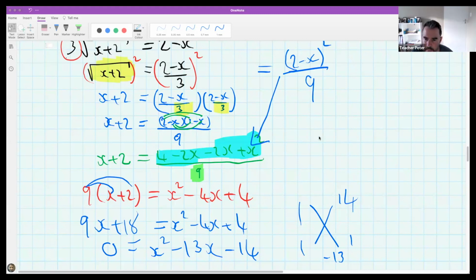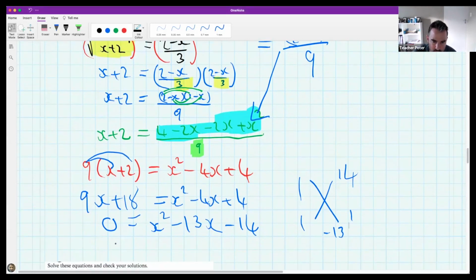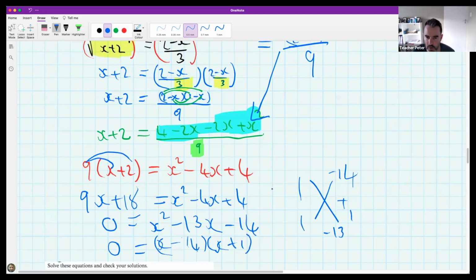Okay, where were we? So we have that. Then what's going on here? So we have 0 equals x, and then this is going to be a minus plus. All right.